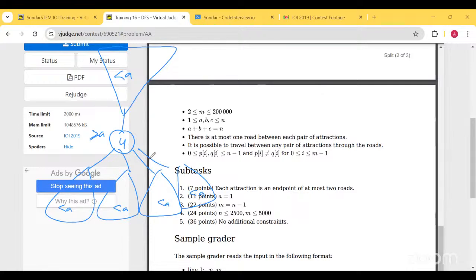For these components, they cannot connect to each other. There is no edge connecting both components here. Why? Because if they were connecting, when we do DFS, we would DFS until here, right? Okay, so there is no edge connecting between two groups here.